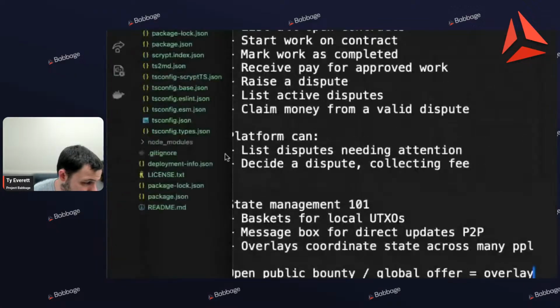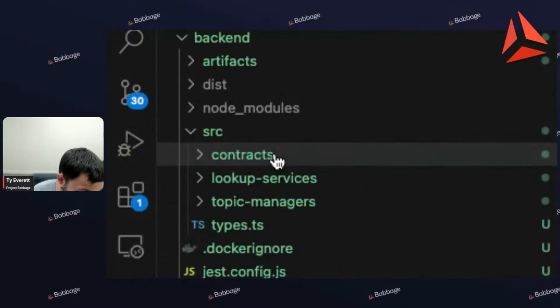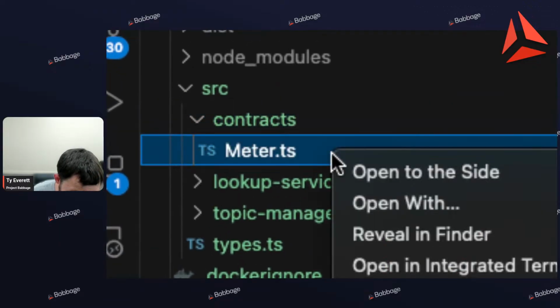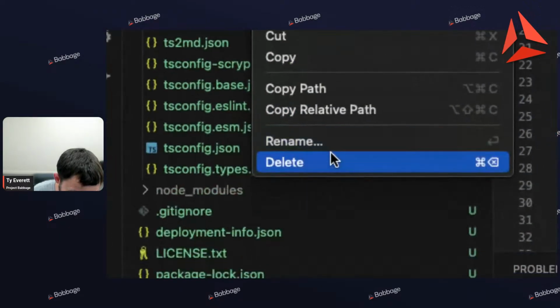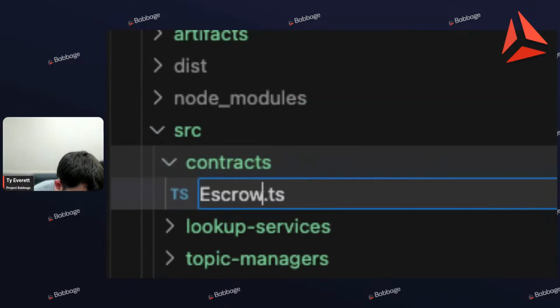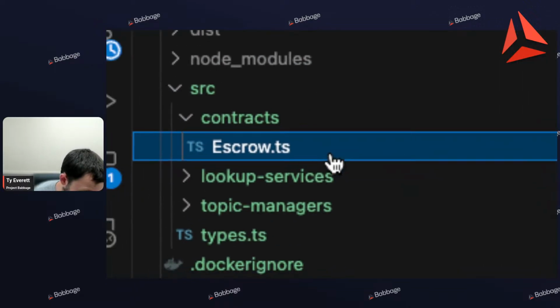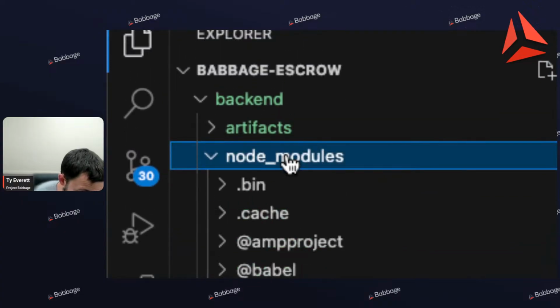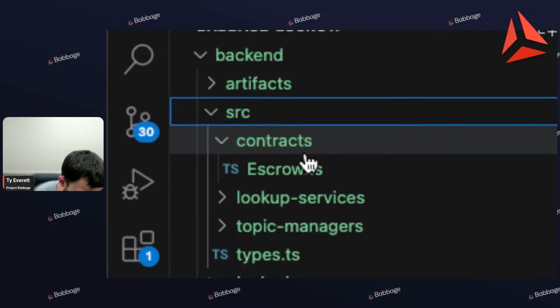Yeah, so we're going to need to set up an escrow contract. That's going to be in types in sCrypt. We need to delete this dist folder. Again, node modules.